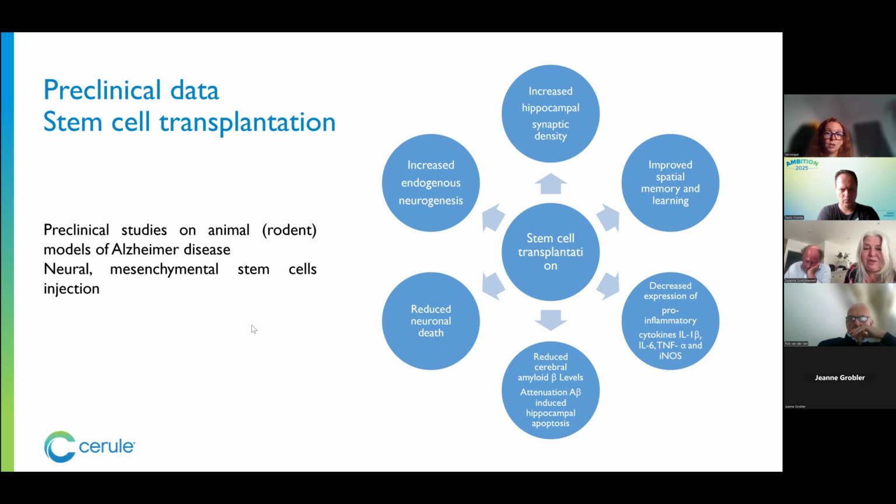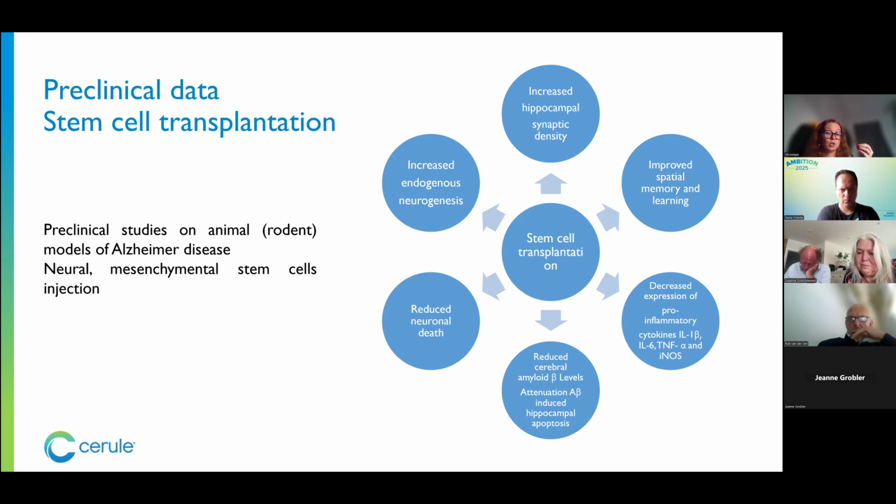The first one is a reduction of neuronal death, and there is an increase of endogenous neurogenesis. There is also an increase in hippocampal synaptic density and a reduction of the beta amyloid level.